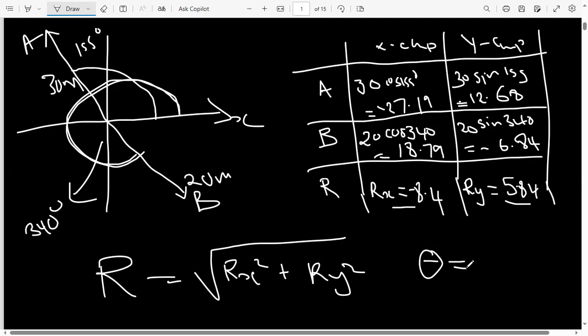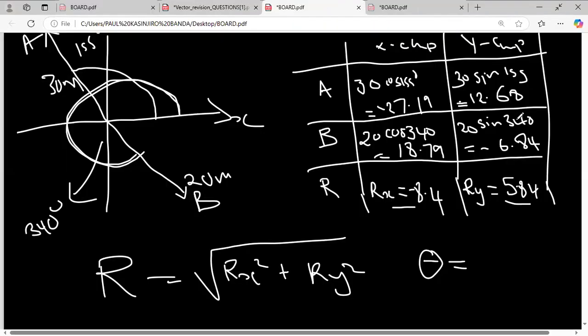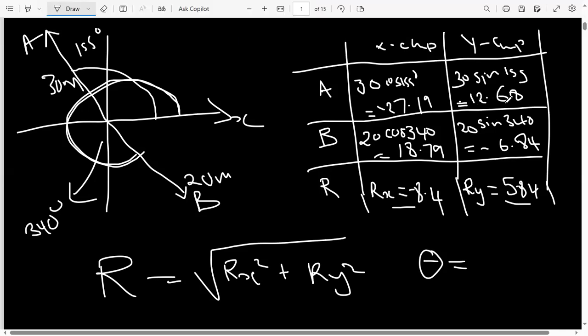Then on the other side, are you adding or subtracting? I'm adding. Because look, the first question here is saying A plus B. So I'm just adding whatever is in A plus what is in B. So you are adding 12.68 plus this minus 6.84. All right, I didn't see the negative on the 6 point something. I didn't zoom in. Yeah. So this is all right, thank you.